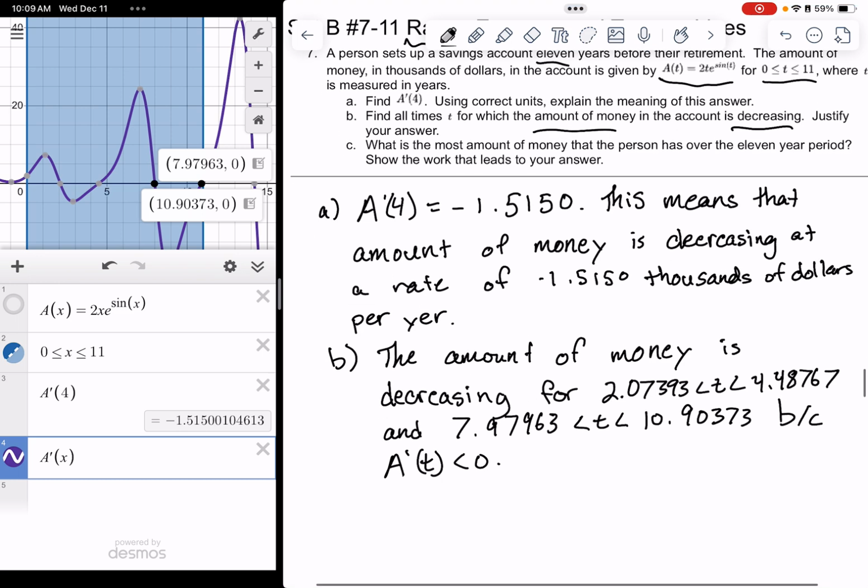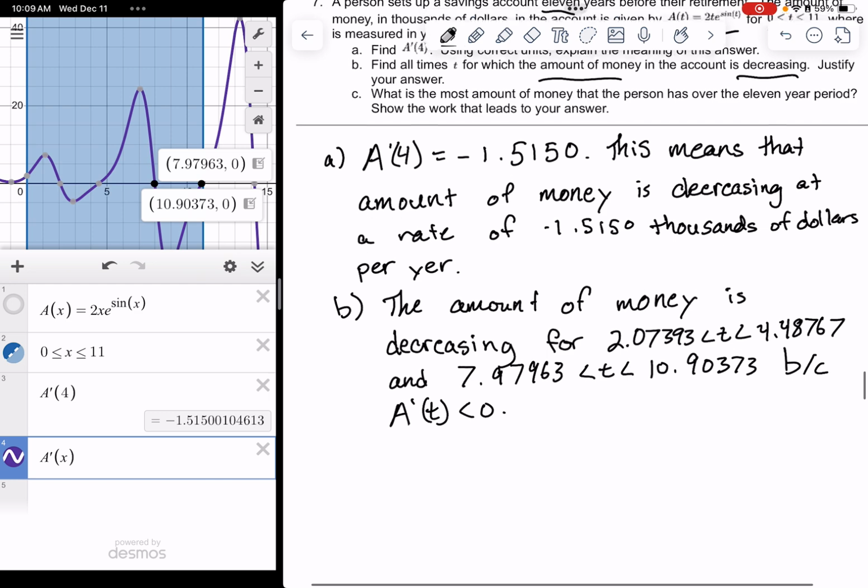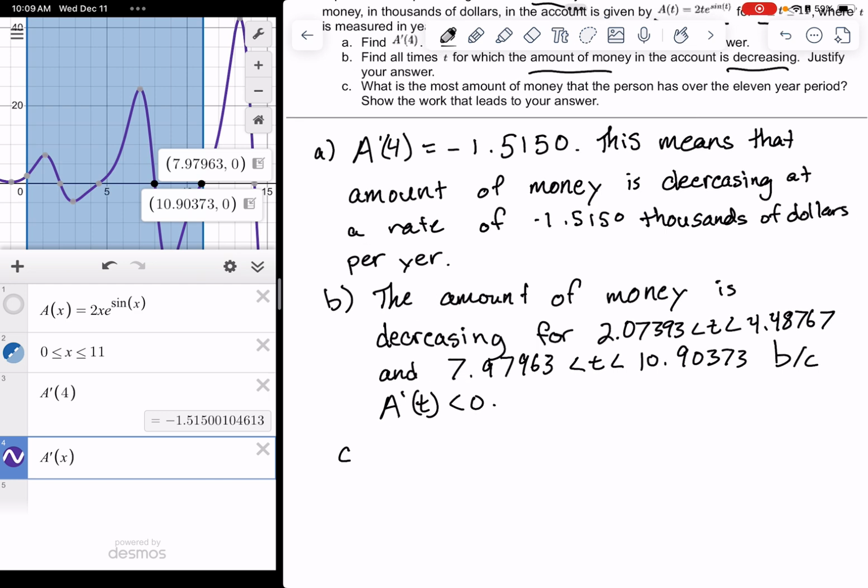All right, now our third part here: where is the most amount of money over the 11-year period? For this we have a couple of things to consider.